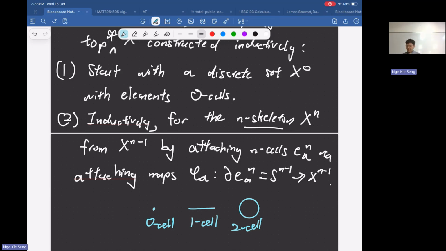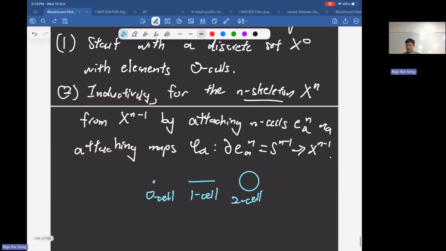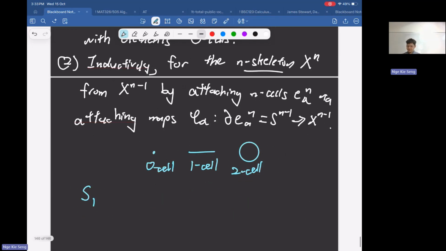Then how do we build this skeleton here? Maybe let's say we want to build X1. So X1 is a circle, right? We could start with a zero cell, and then I attach a one cell around this zero cell. So what does the attaching map say?